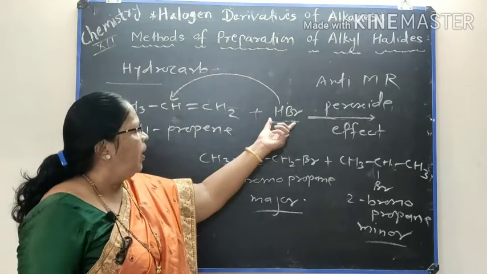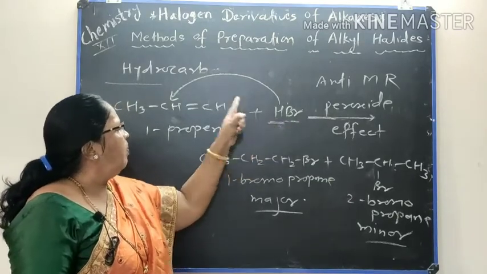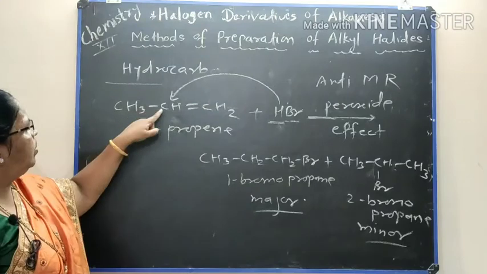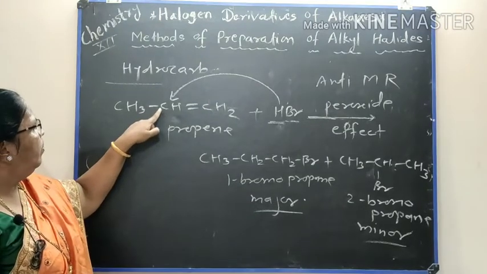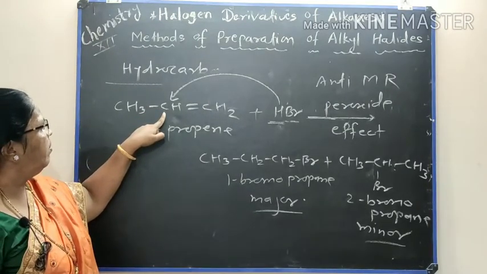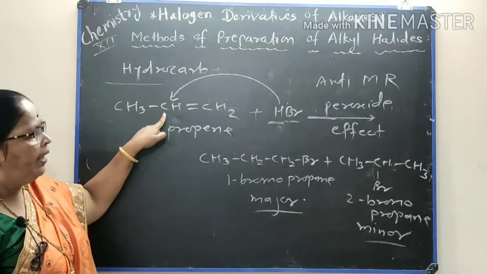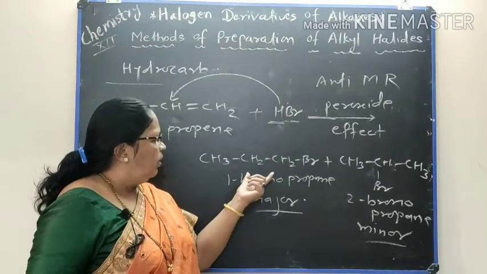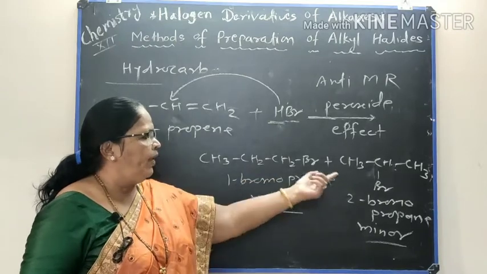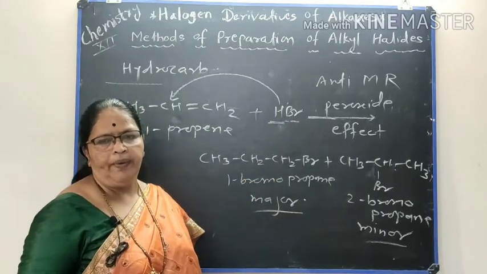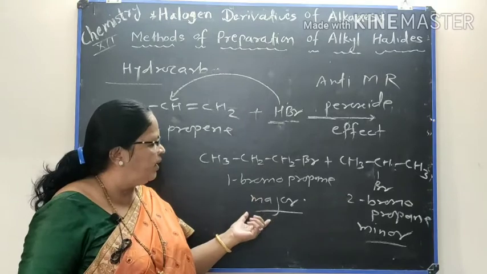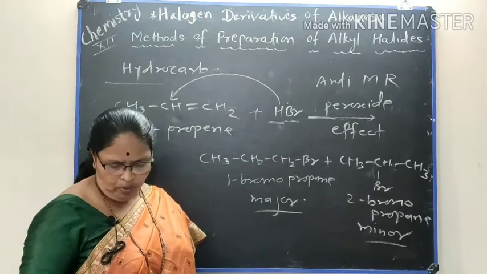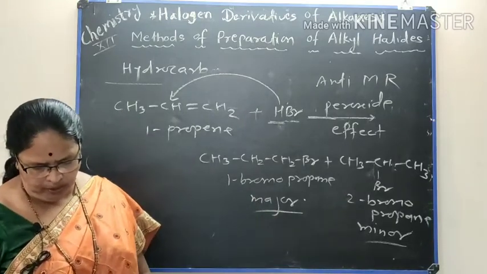That means the positive part of the haloacid goes to the carbon atom which has the least number of hydrogen atoms in the alkene. So 1-bromopropane and 2-bromopropane are obtained. 1-bromopropane is the major product and 2-bromopropane is the minor product.